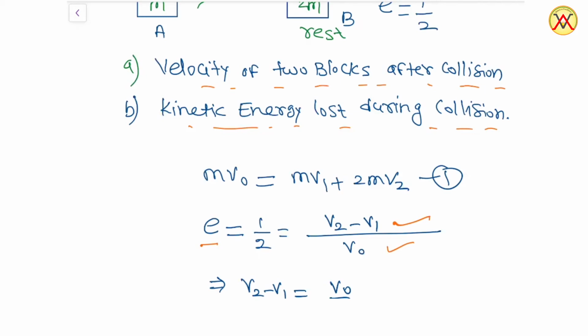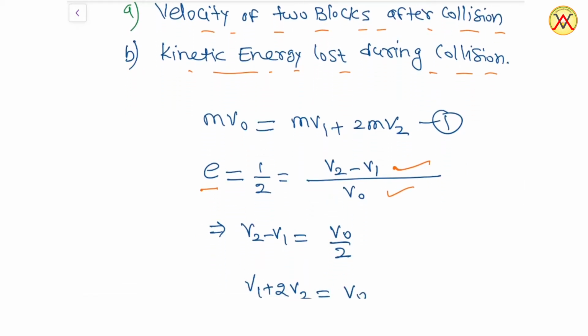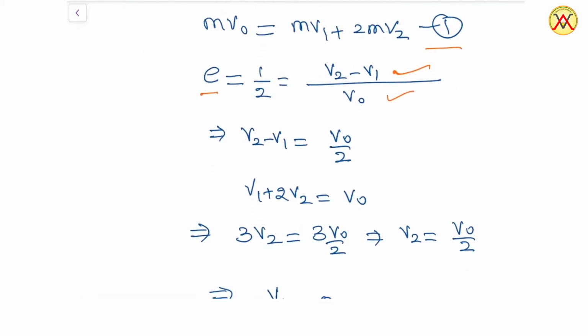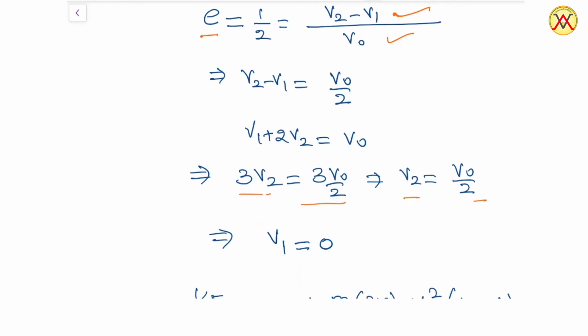So v2 minus v1 is v0 by 2, and by equation 1, v0 equals v1 plus 2 v2. Using these two equations, 3 v2 comes out to be 3 v0 by 2, so v2 equals v0 by 2, and v1 equals 0.